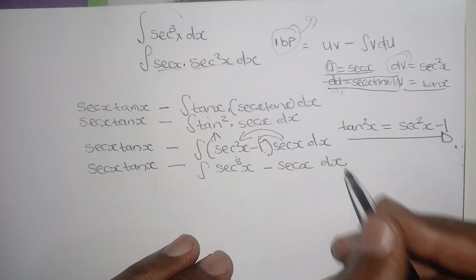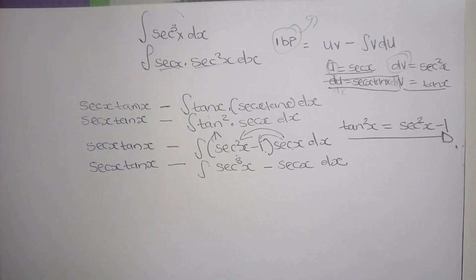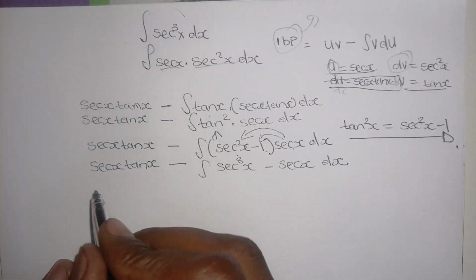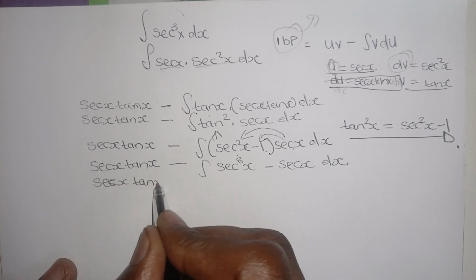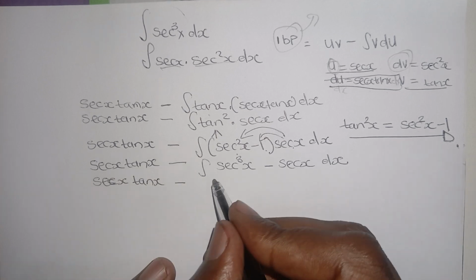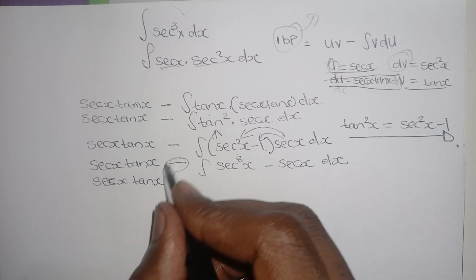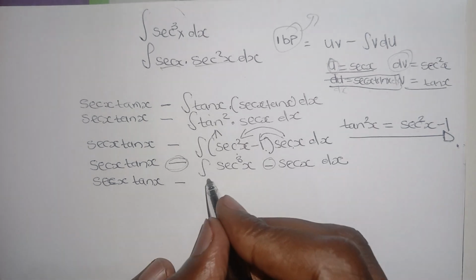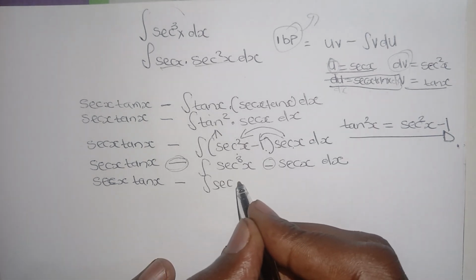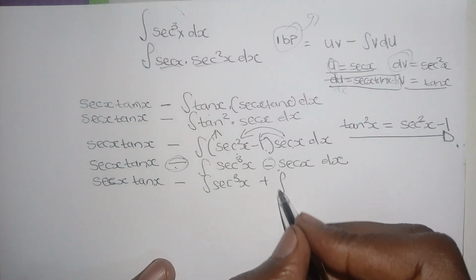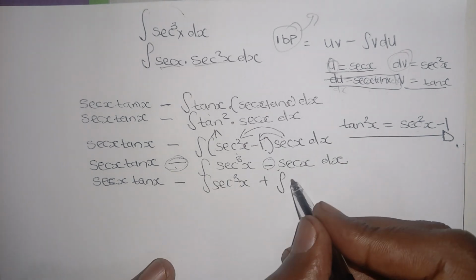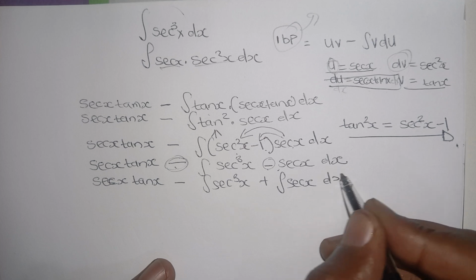Then dx, right? Now we have to split them into their individual integrals. So secant x tan x minus, this multiplied by this is going to be positive. Just don't forget that when this one is going to its individual integral, it needs to have this.